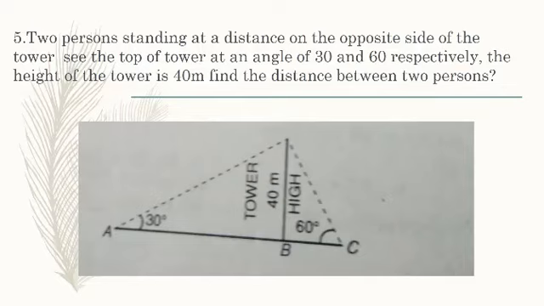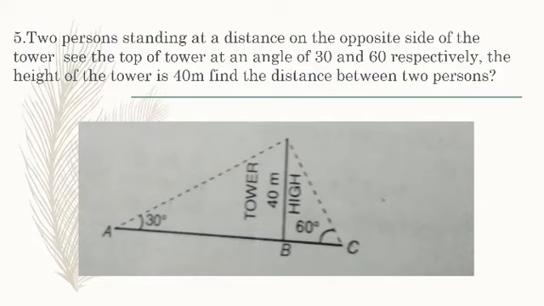See, in this diagram, there is a tower. BD is the tower which is in the middle, which is 40 meters. On the opposite side of the tower, person A and person C are standing. Person A observes angle of elevation of 30 degree.